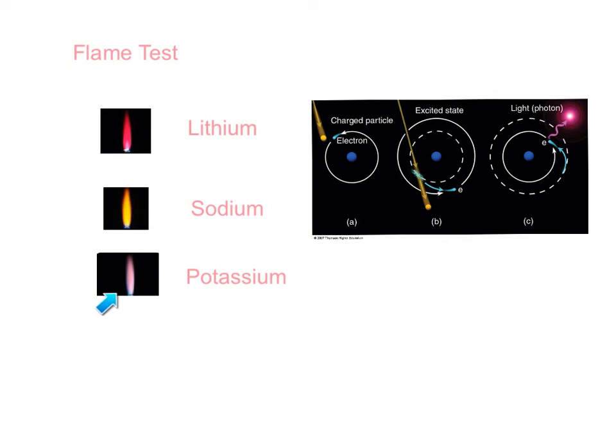That's why we have potassium, being the largest of the three, emitting the highest energy color flame. Potassium has more energy levels, more shells of electrons, where the excited electrons can move out away from the nucleus to go.